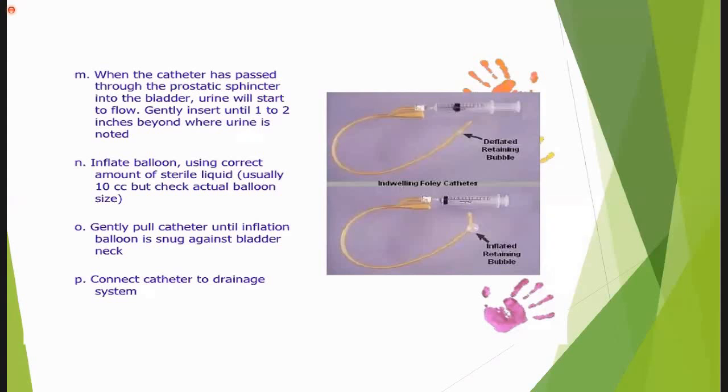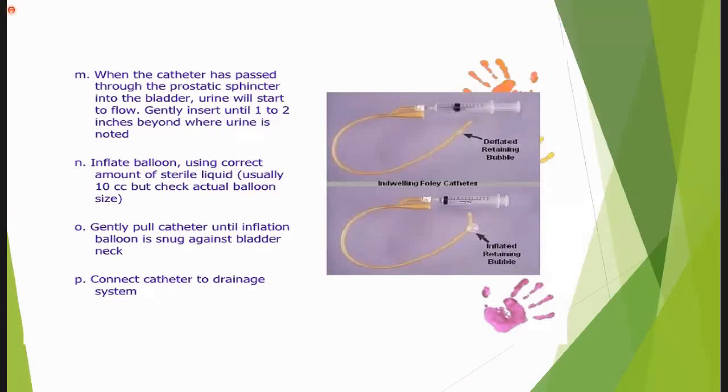Now inflate the balloon using the correct amount of sterile water, which I told you is 10 cc, but check the actual balloon size. Why do we use 10 cc sterile water? The size of the balloon is 10 cc. That's why we have to use 10 cc sterile water.